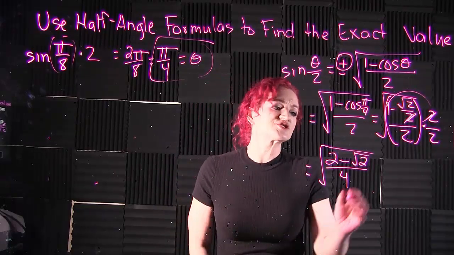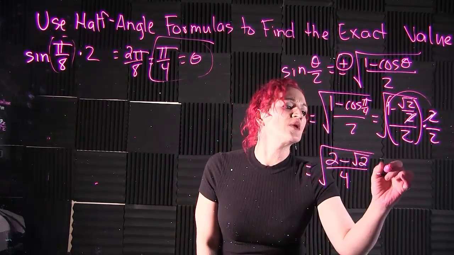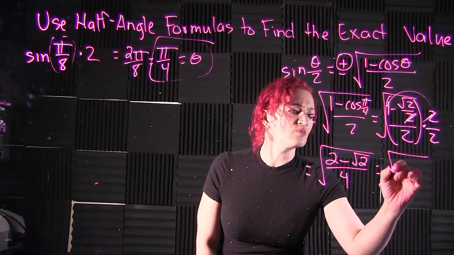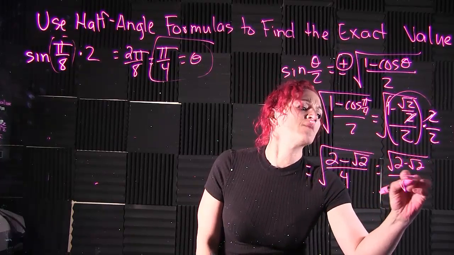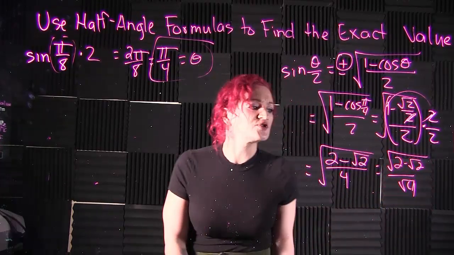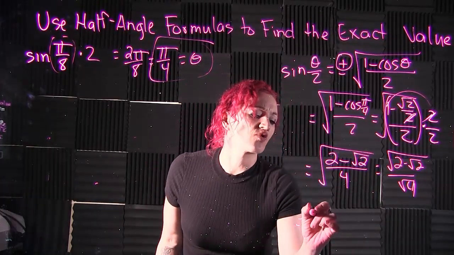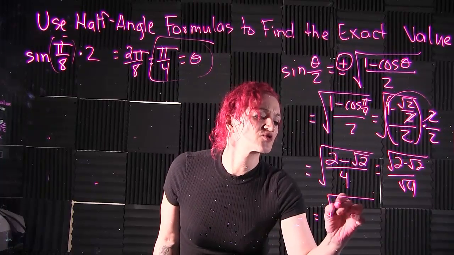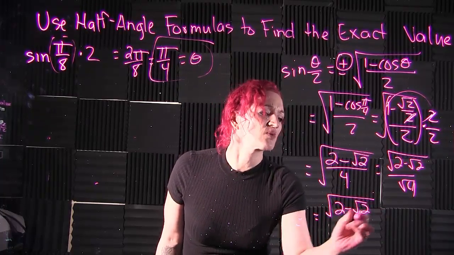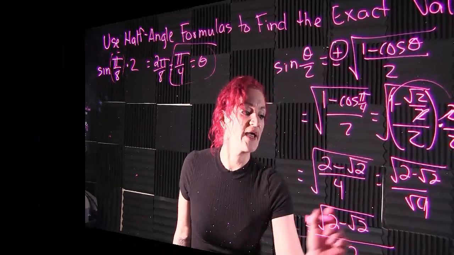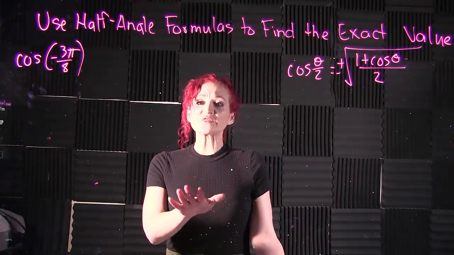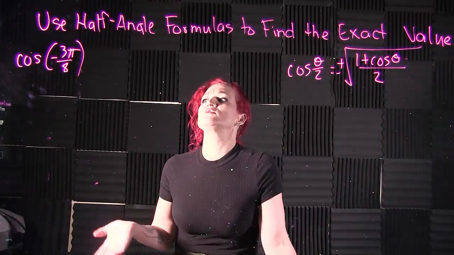Simplifying a little more, we can break up our radical into the numerator and the denominator, and the only reason we want to do that is because our denominator is a 4, and we can take the square root of 4. So our answer is the square root of 2 minus the square root of 2, over a 2.